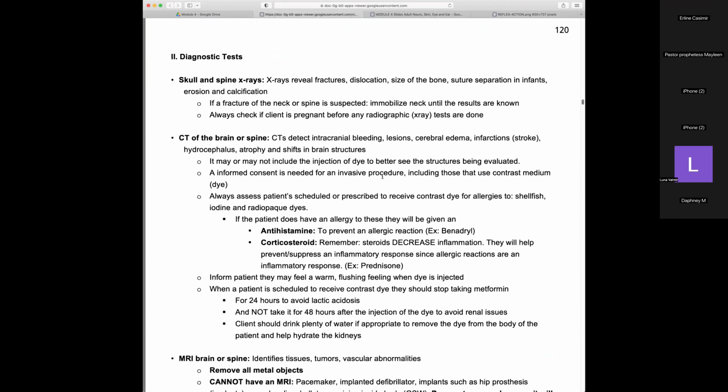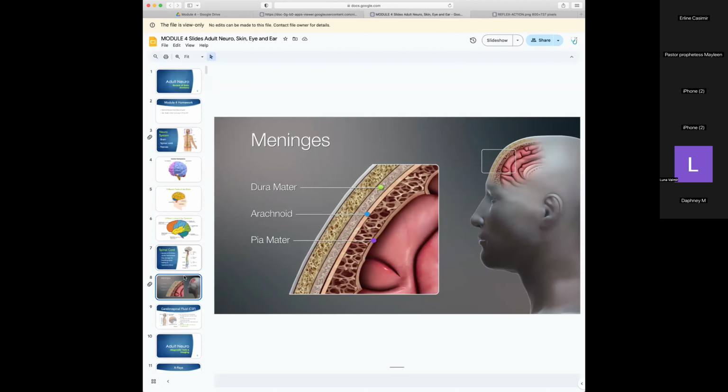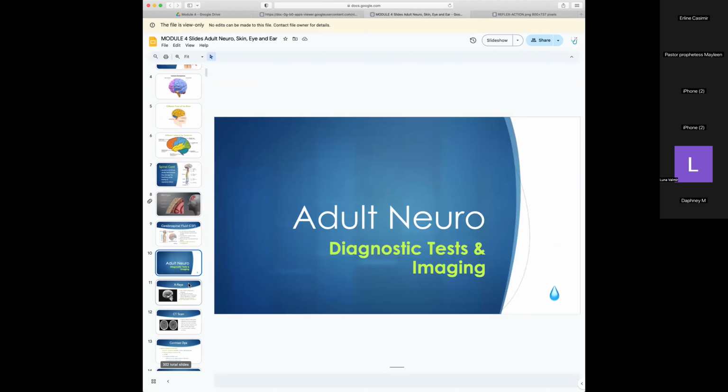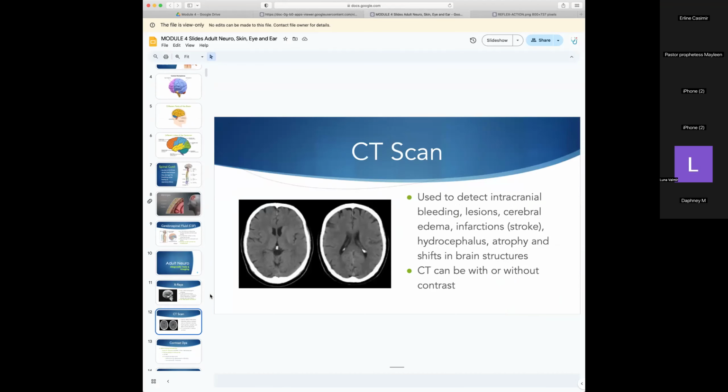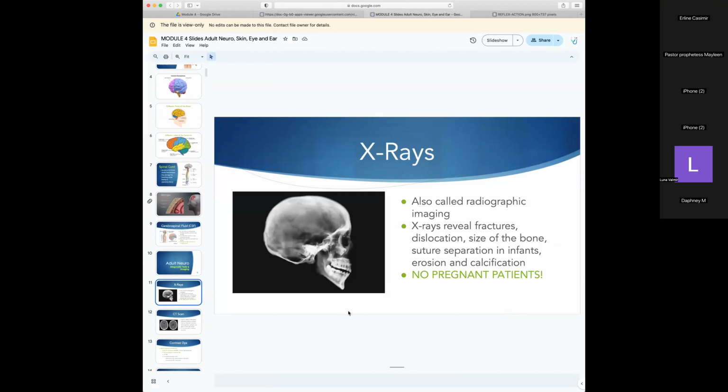Okay, page 120, diagnostic tests, x-rays. X-rays, also called radiographic imaging, okay? X-rays reveal fractures, dislocation. It can tell you the size of a bone. There's little squiggly marks called sutures, and it can tell you if those sutures have separated.